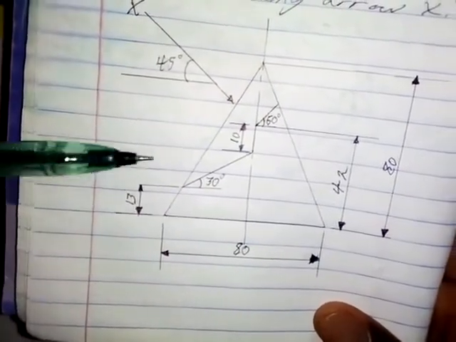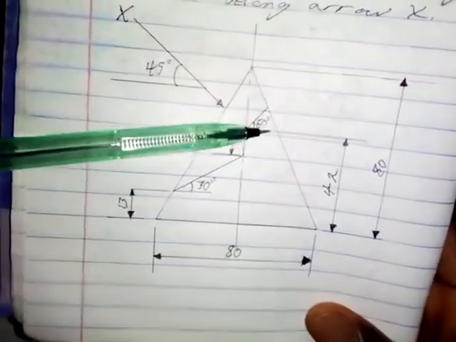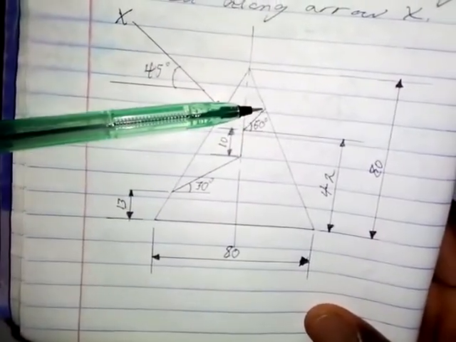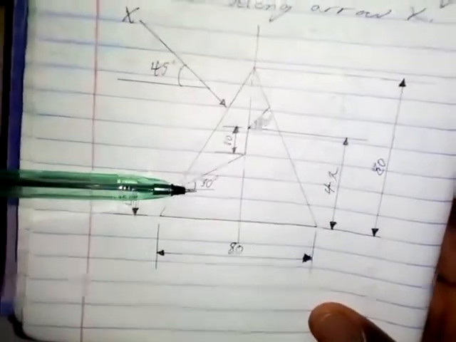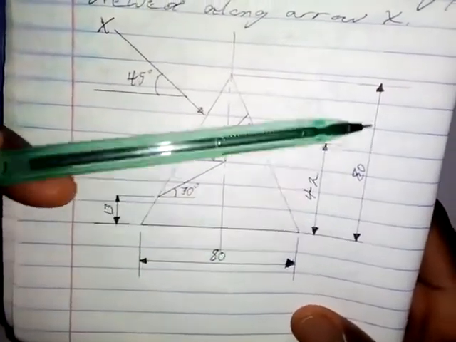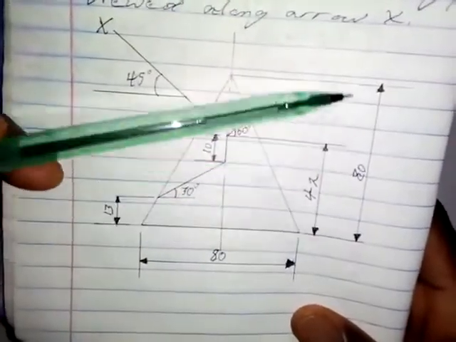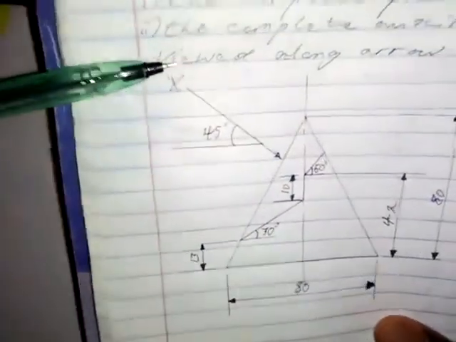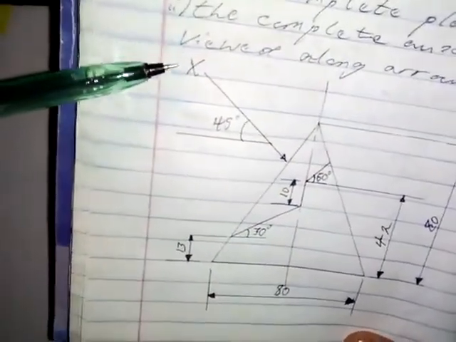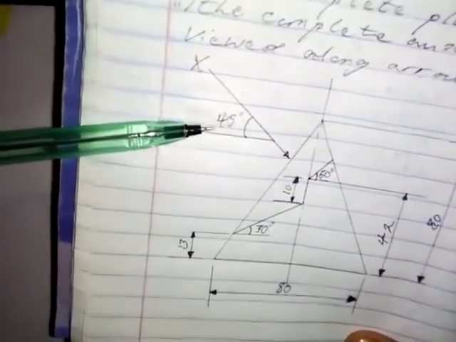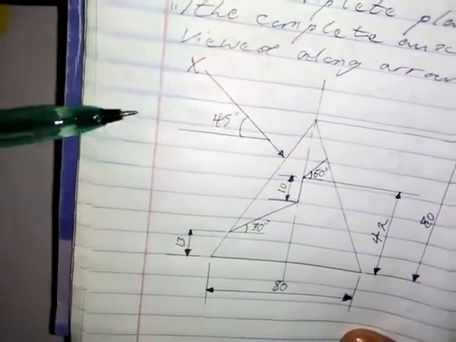This is 13 mm, and the distance from here to this point where we have this angle 60 is 42. This is angle 30, and the height of the pyramid is 80 mm, and then arrow X is here and it is inclined at an angle of 45 degrees.